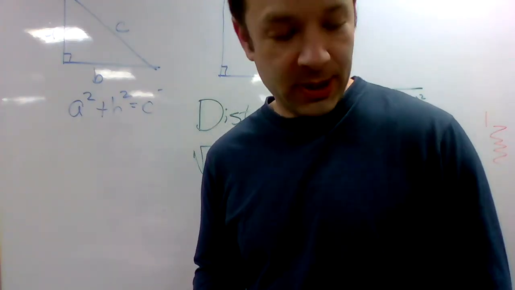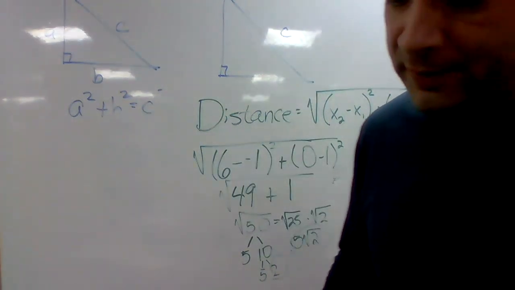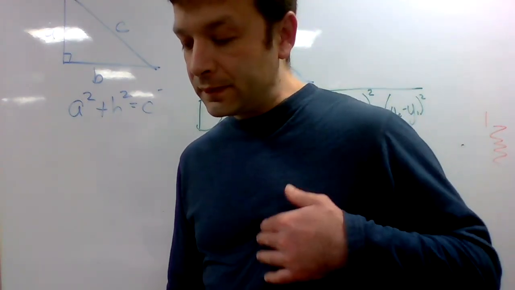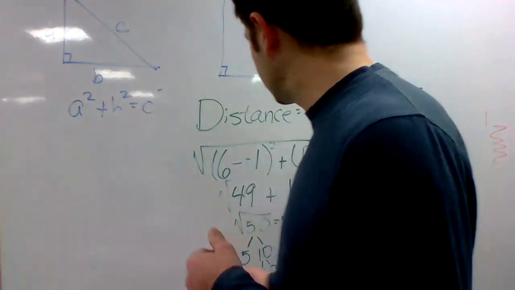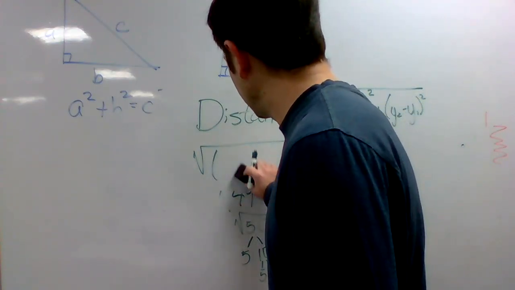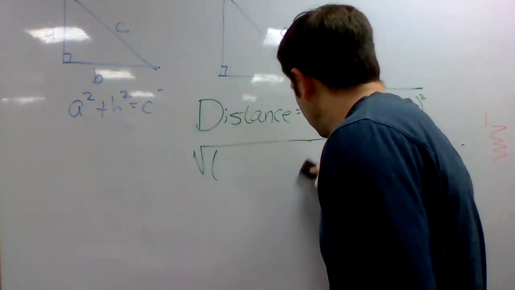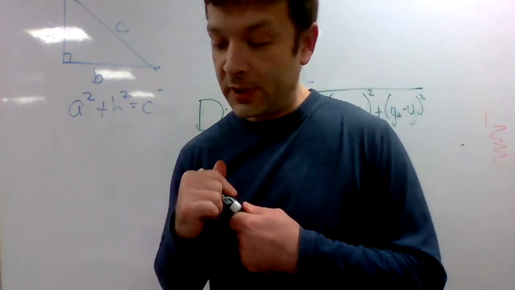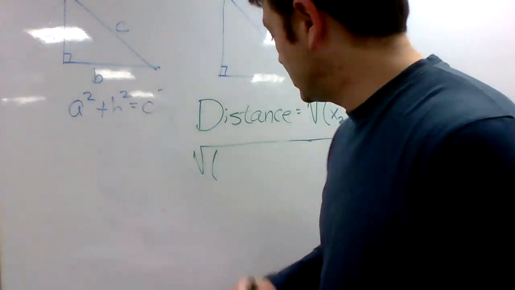Okay, last one for me. And you guys have to do it on your own. 25. Okay, x values go in front. All right. I'm putting the x values in front. I see a -3 and a 2.